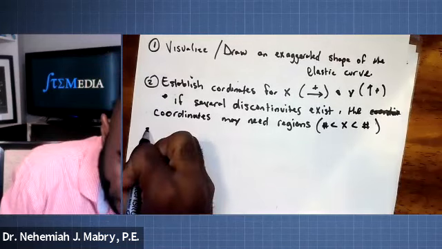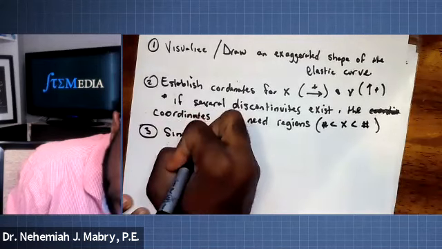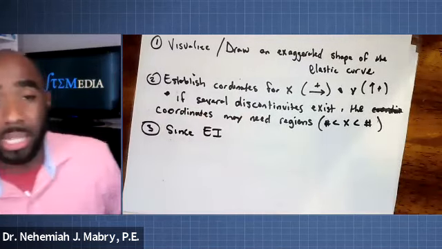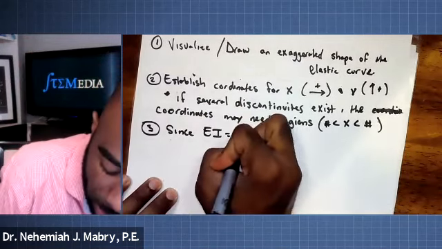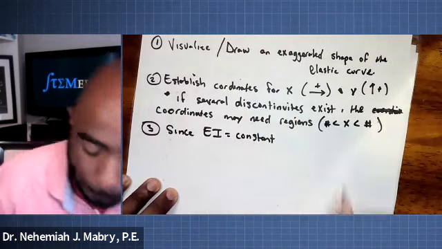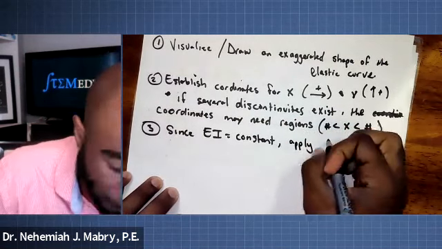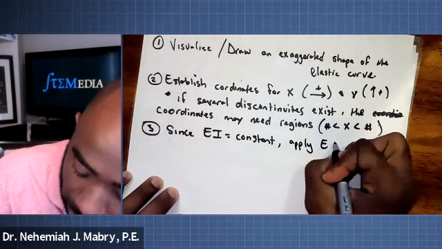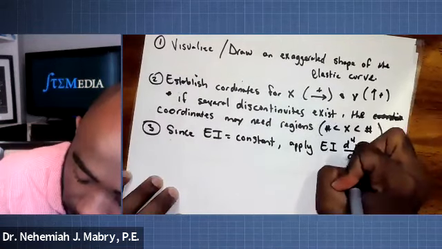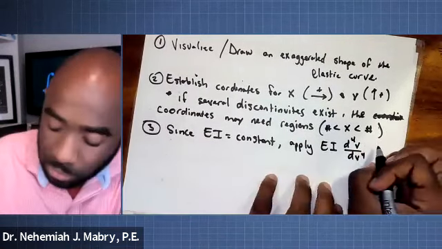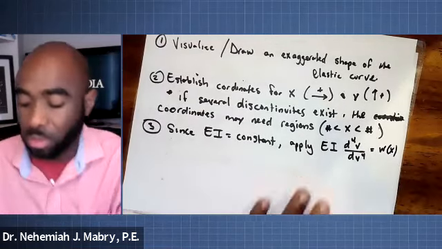Number 3, since EI, right? In most cases, it's constant, right? So we're going to say, or if EI is equal to a constant, meaning that it's not changing, you're going to apply EI times the fourth derivative of little v to the load, W of x.